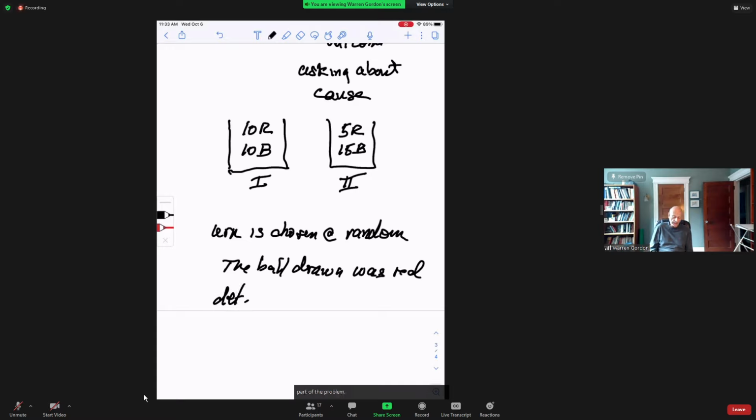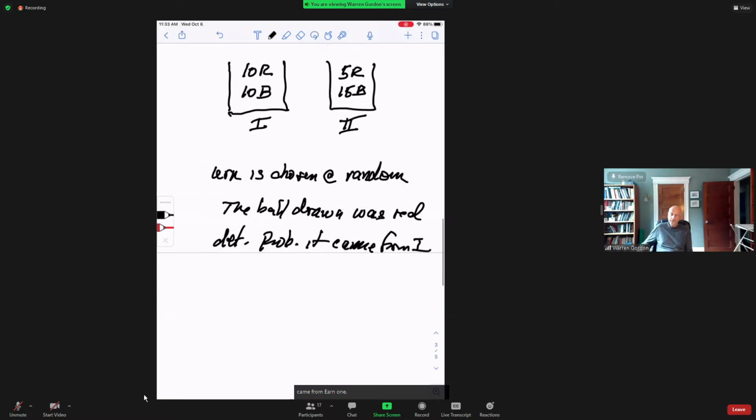Determine the probability it came from urn one. So notice, here's the question. Given the ball was red, determine the probability it came from urn one.